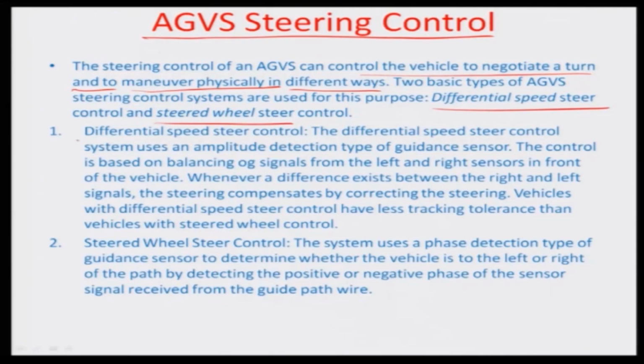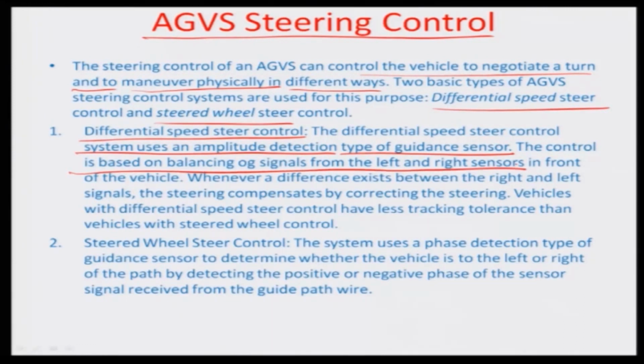In the differential speed steer control, the system uses an amplitude detection type of guidance sensor, and the control is based on balancing of signals from the left and the right side of the sensor.